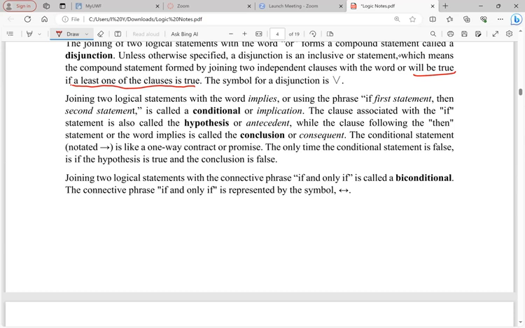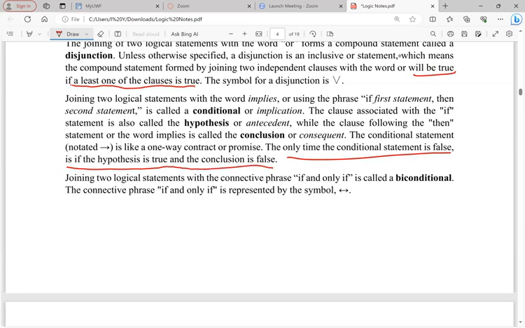Conditional statements notated with an arrow are like a one-way contract or promise. The only time the conditional statement is false is if the hypothesis is true and the conclusion is false.